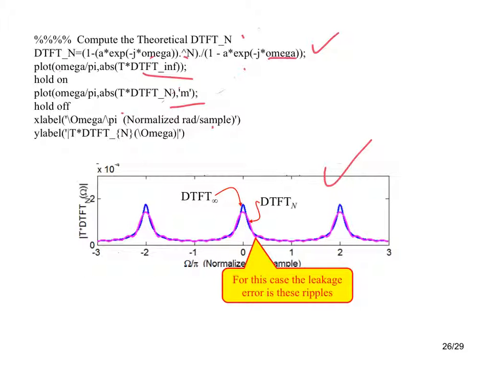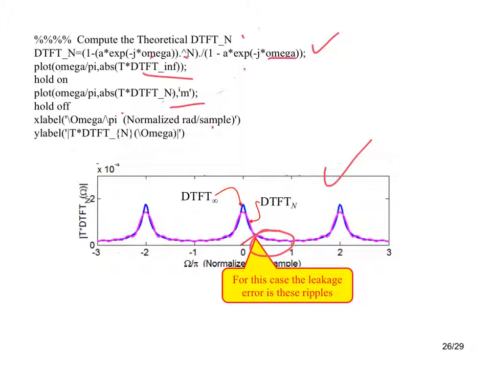And on the magenta curve, we see that it's a little bit wider. That's the main lobe effect. And we see these ripples out here. That's the side lobe rippling effect. So we're seeing both of these effects in this example, and it's great. I don't know if you've noticed, but I'm particularly proud of this little example that I've constructed here.